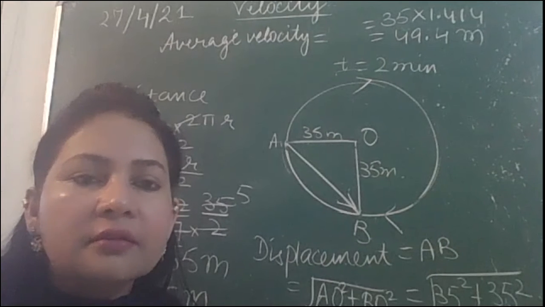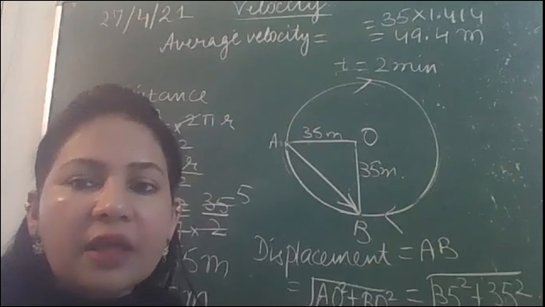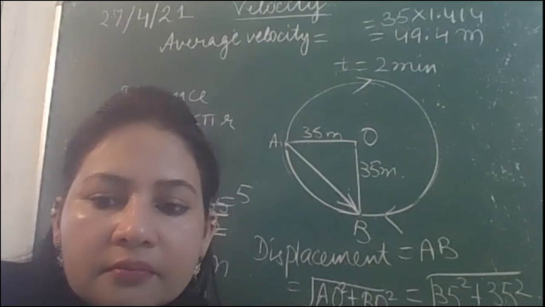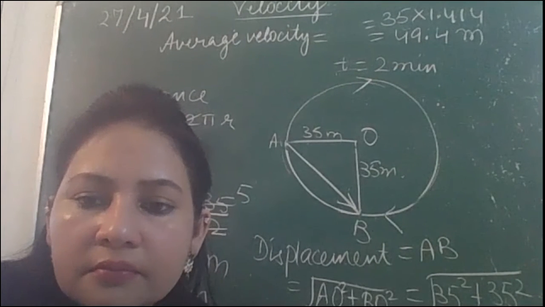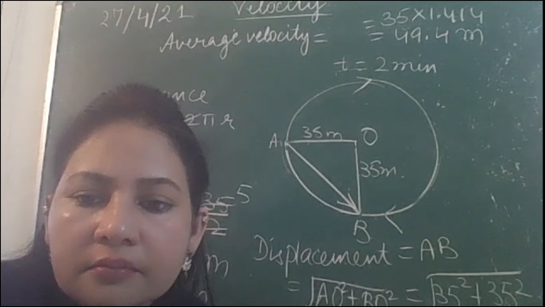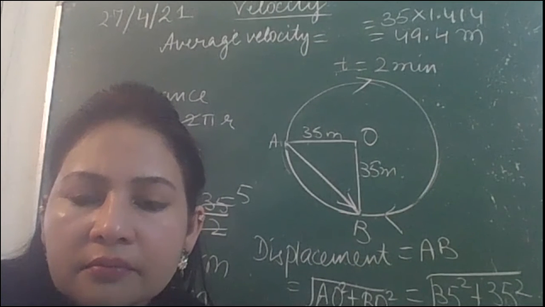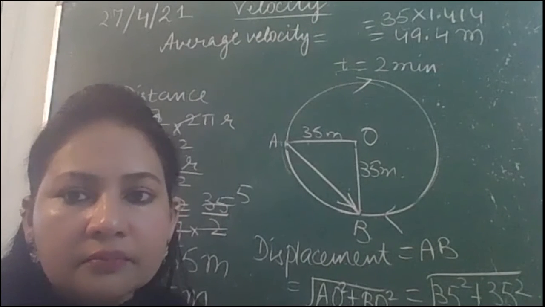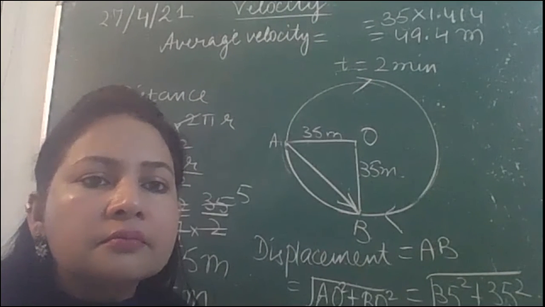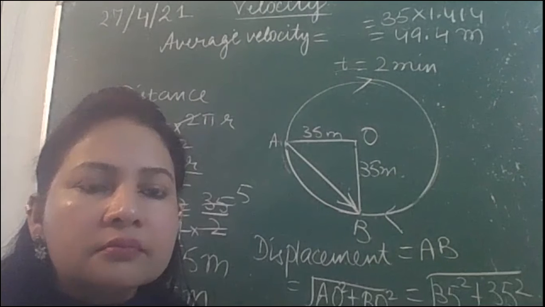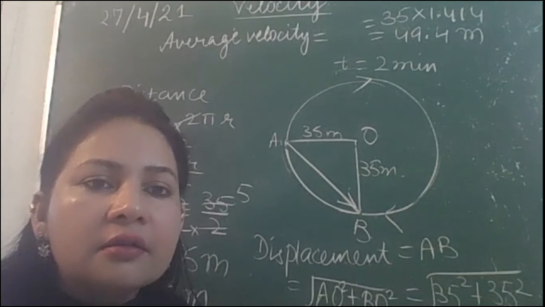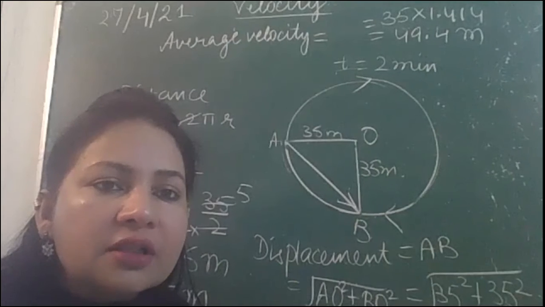If a body covers unequal distances in equal intervals of time or equal distances in unequal intervals of time, however small may be the intervals, is called non-uniform speed. Example, motion of bike in city or busy roads. Have you written the example yourself?